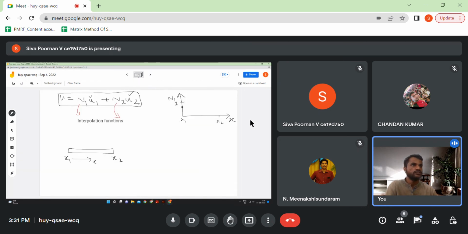So I just go linearly from 1 to 0. So n1 is nothing but a function which varies from 1 to 0 linearly along the length of the bar, right? And similar calculations we can do for n2.